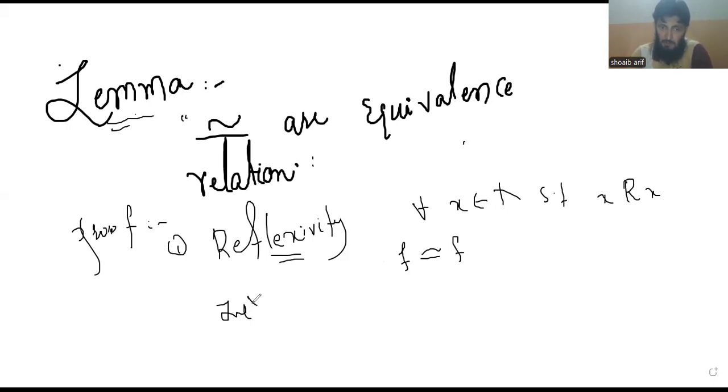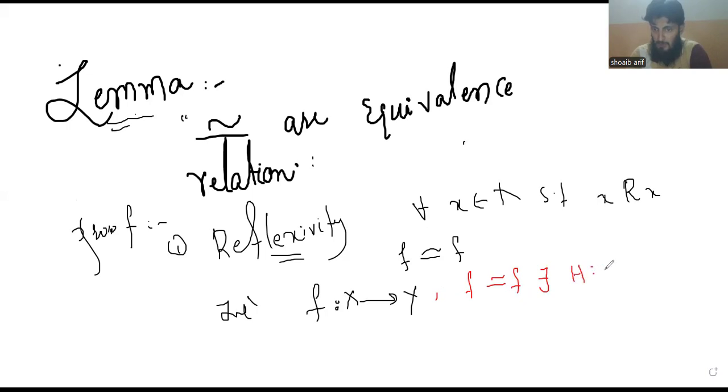Let f be a continuous map from X to Y. We need to prove f is homotopic to f, so we need to construct a homotopy.